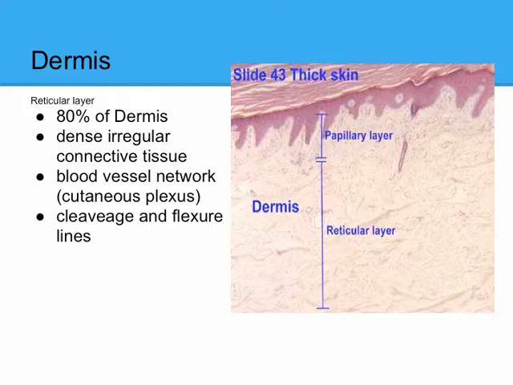Oh, and lastly, in the bottom part of this reticular layer is the cutaneous plexus, which is a blood vessel network that supplies the majority of the dermis with nutrients, oxygen, removes waste, all of that.